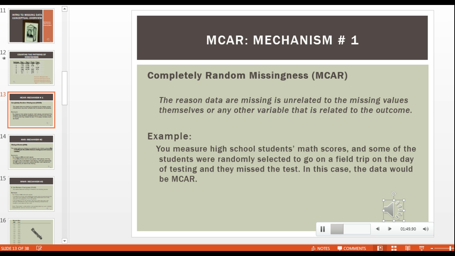So for example, what this is really saying is that people in your data set who are either high or low on certain traits, whether they're measured or not, are not more or less likely to provide incomplete data. Unpacking that further, let's say that people who are high on negative affectivity are more or less likely to score a certain way on the outcome. So we have negative affectivity related to our DV somehow.